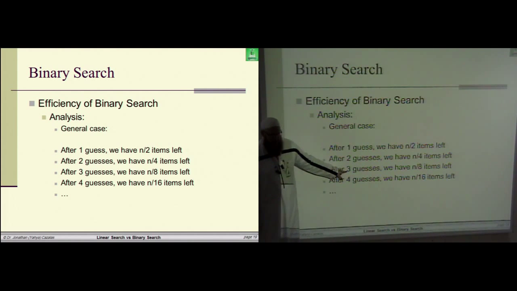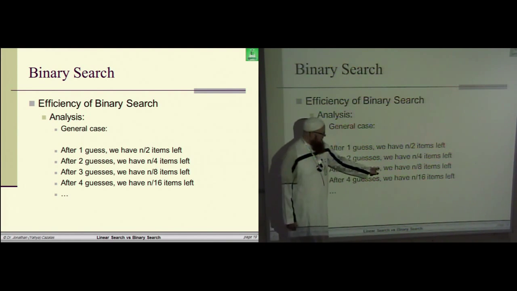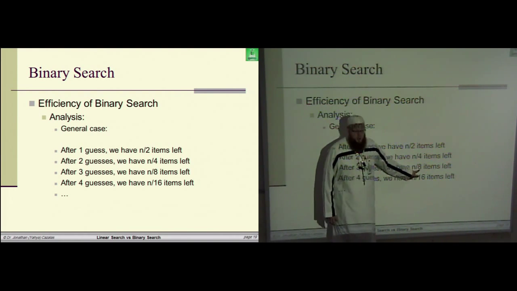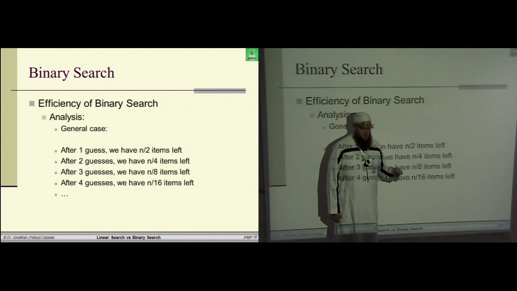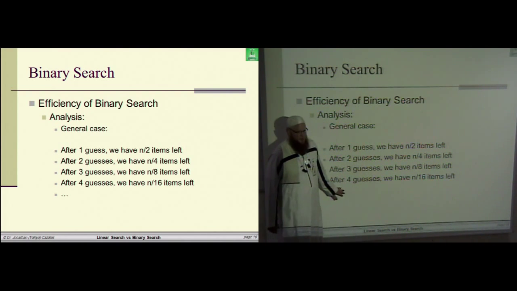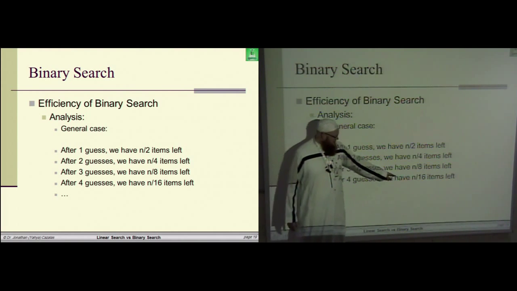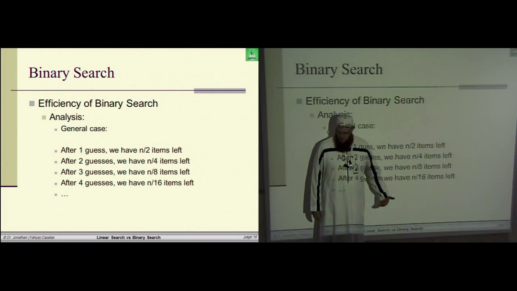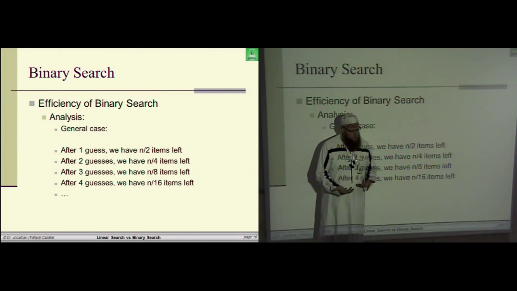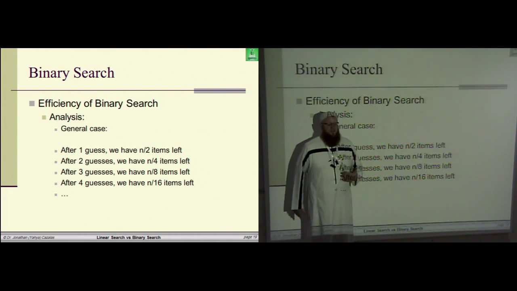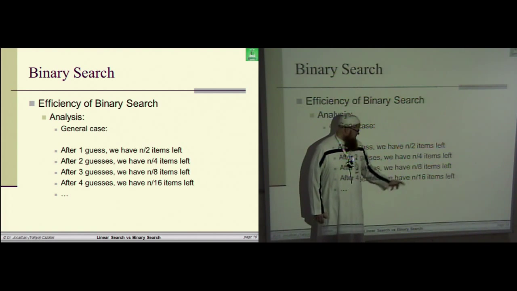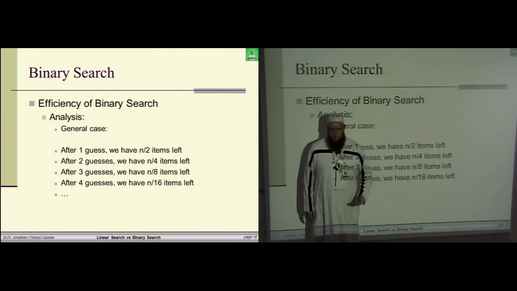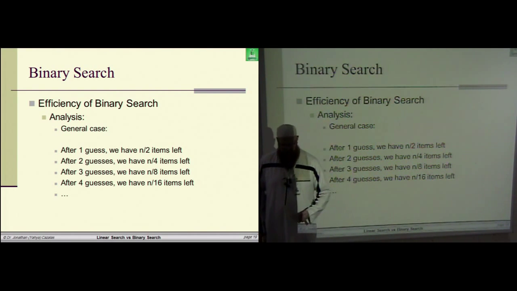After 3 guesses, n over 2 to the 3. After 5 guesses, n over 2 to the 5, and 2 to the 5 is 32. What's after 32? 64. After 6 guesses, n over 2 to the 6 items left.